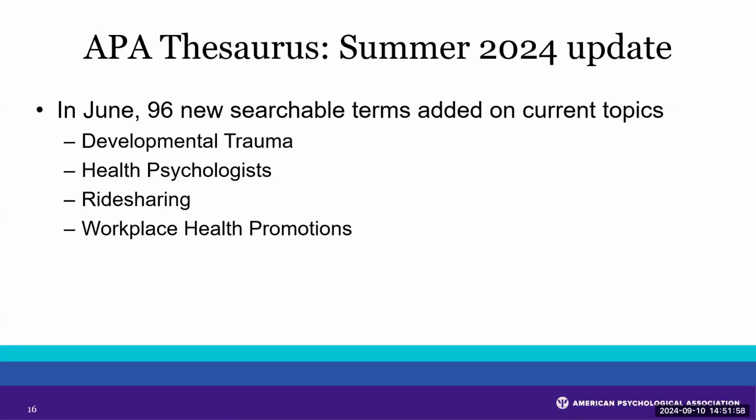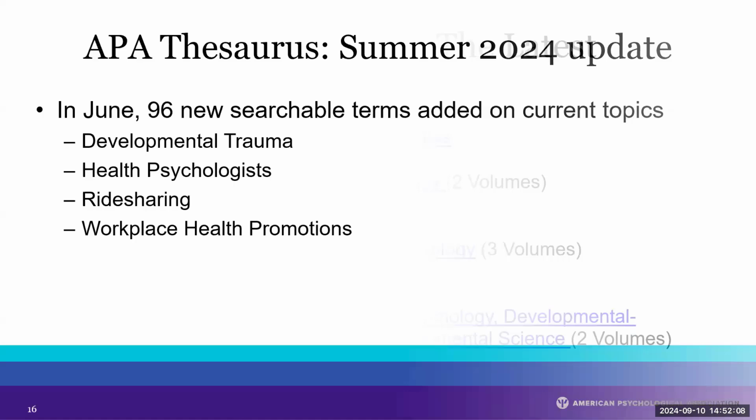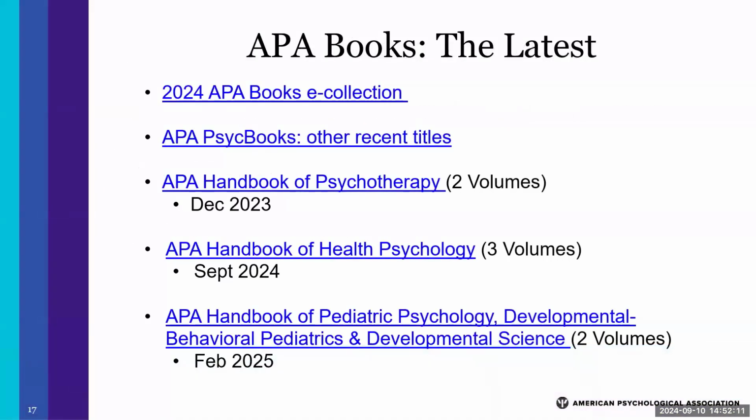So very quickly, what's new with APA? If you have psych test questions, please feel free to interrupt me. We've got new searchable thesaurus terms, several updates for APA books. For the psych books database, our most recent titles. For the yearly one-time purchase packages, we've basically wrapped up the 2024 publication year, and 2025 is coming soon.